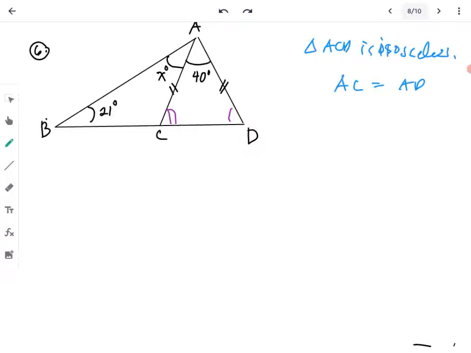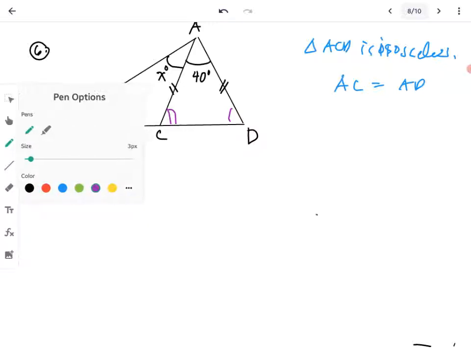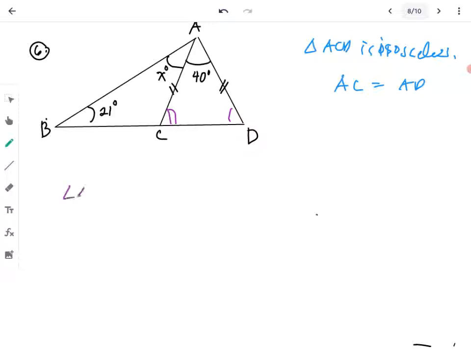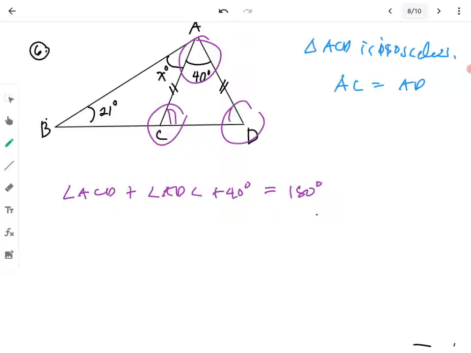Angle ACD plus the other one, angle ABC, plus 40 degrees add up to 180 degrees. These three angles are all interior angles of a triangle.